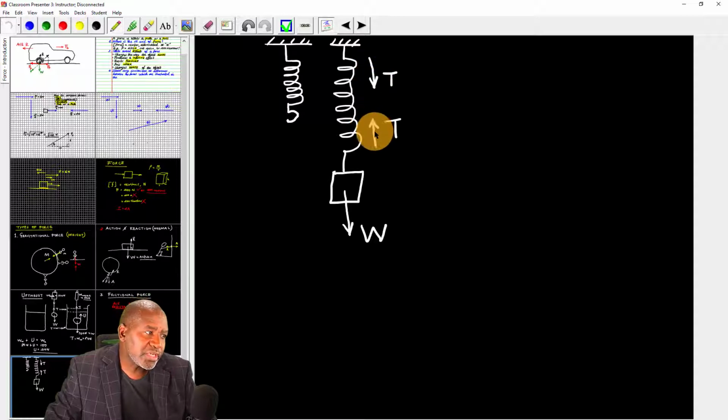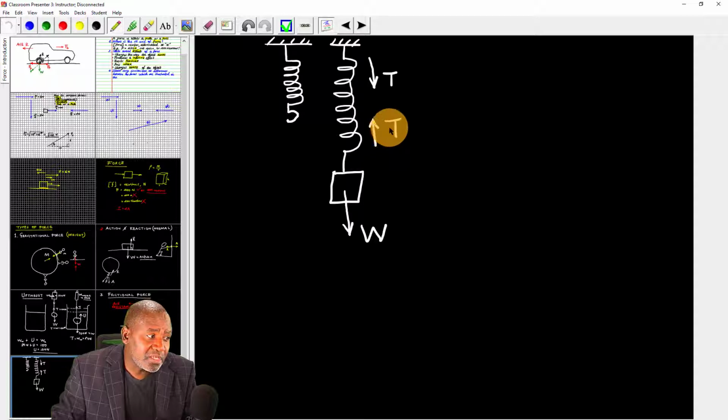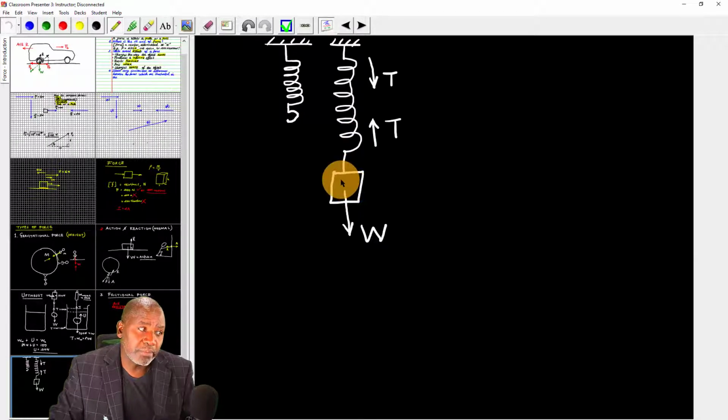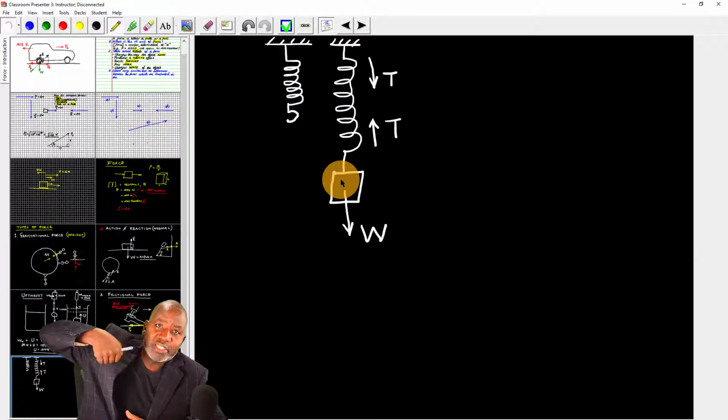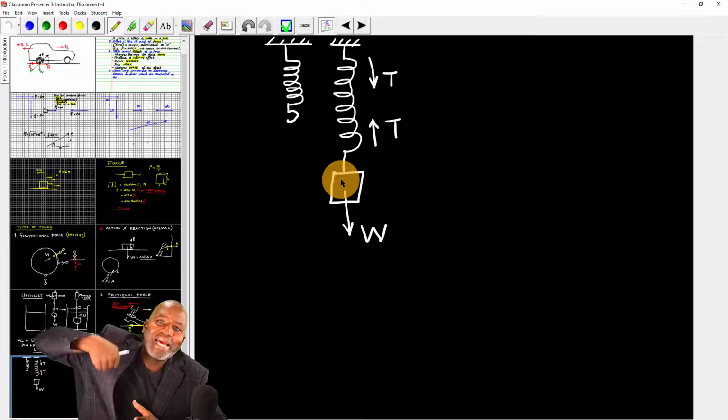So tension in a stretched body is represented by two arrows which point towards each other. But those two arrows have got different meanings altogether. And I've already explained this. This tension in the spring is the amount of force that the spring exerts on this body, because it's the one which is trying to pull it upwards and therefore supporting it. So the amount of force it is applying is a pull.